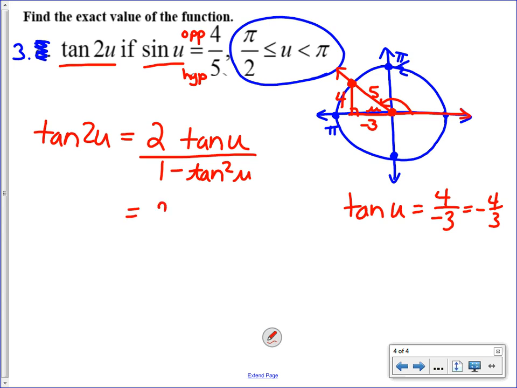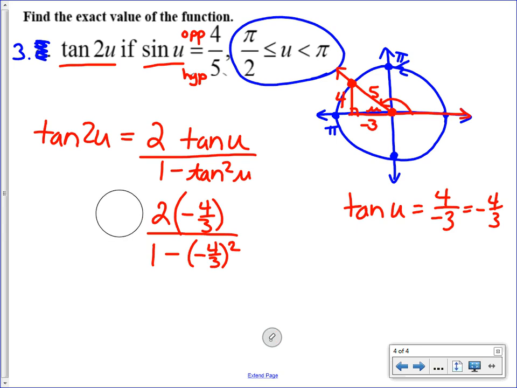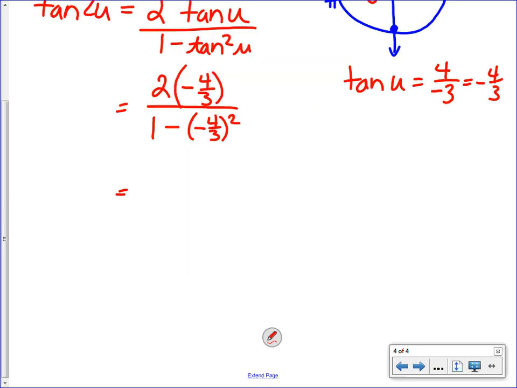That's what we're going to plug in for tangent of u into the formula. So this will become 2 times -4/3 over 1 minus -4/3 squared. All right, so now we're just going to work this out. We're going to multiply 2 times -4/3.